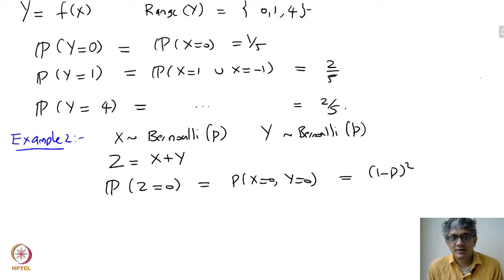If Y was 1, then X could have been 1 or -1, and that gave you 2/5. And if Y was 4, then X could take the value -2 or 2, and that would give you again 2/5. And that computed the distribution of Y. So both these things, the range of Y and the values with which it takes the probabilities, constitute the distribution of Y.